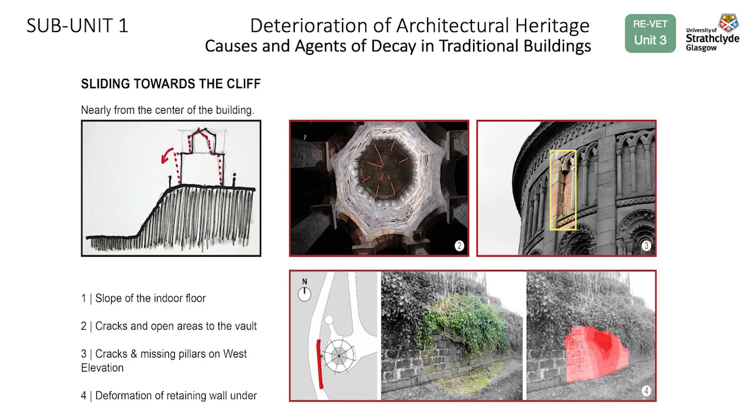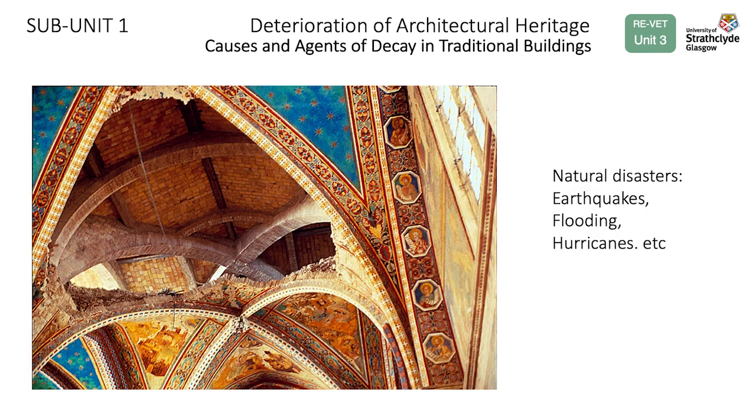Alterations of the surrounding area and/or poor ground conditions are causes of deterioration. Vibrations by traffic and other sources also damage buildings and should not be underestimated. Natural disasters, such as earthquakes, flooding, and hurricanes, can also have devastating effects in buildings.